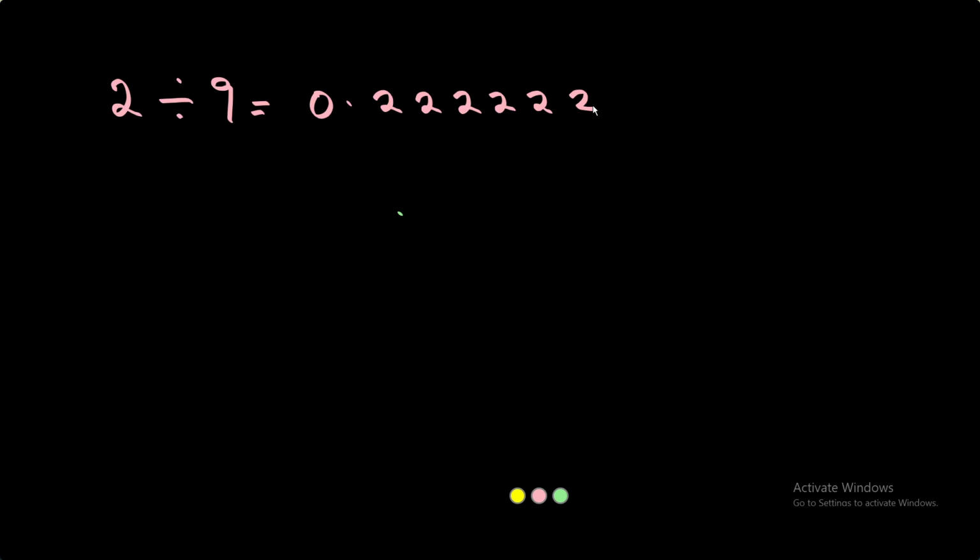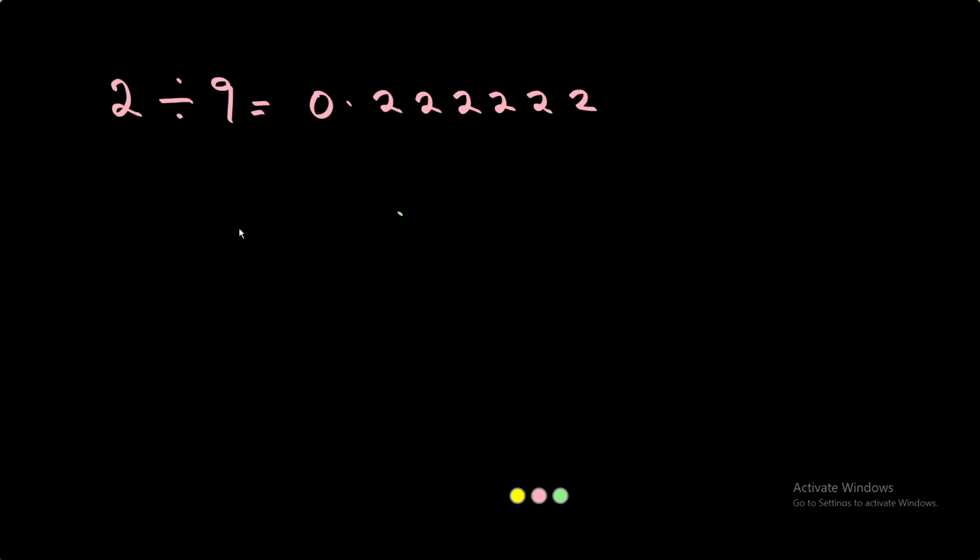In fact, you notice this digit 2 recurs almost forever. So these kinds of numbers, with the 2 appearing again and again, are called recurring decimals. And in math, we have a way to write these recurring decimals in a short form.